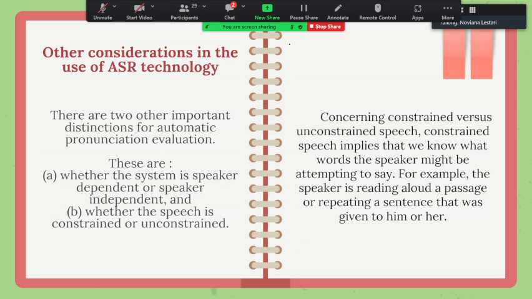Concerning constrained versus unconstrained speech, constrained speech implies that we know what words the speaker might be attempting to say. For example, the speaker is reading aloud a passage or repeating a sentence that was given to him or her. Here, the speech processor's job is easier because it has an approximate idea of what the speaker will say and how they should say it. Next slide.